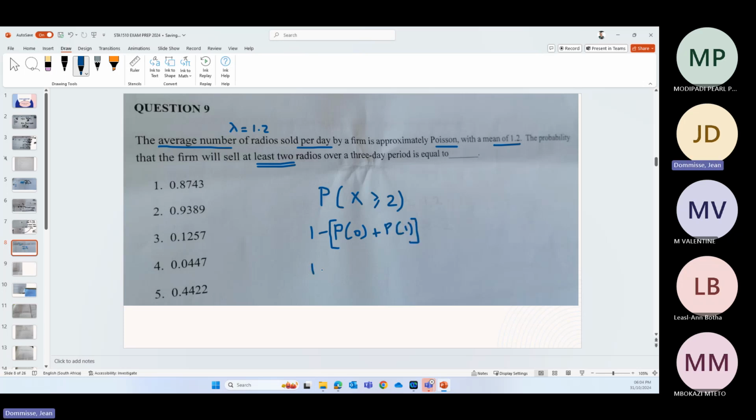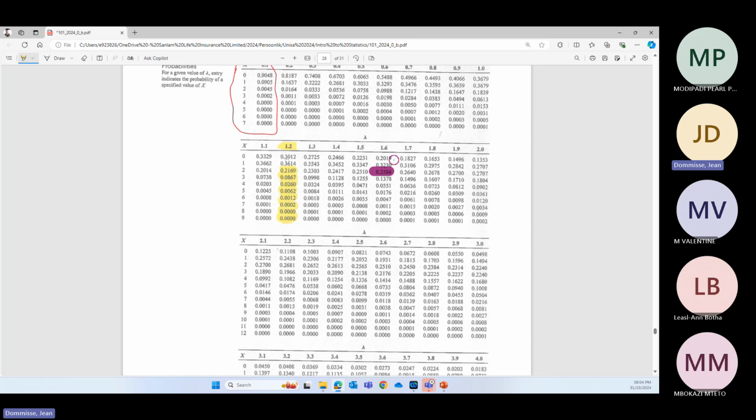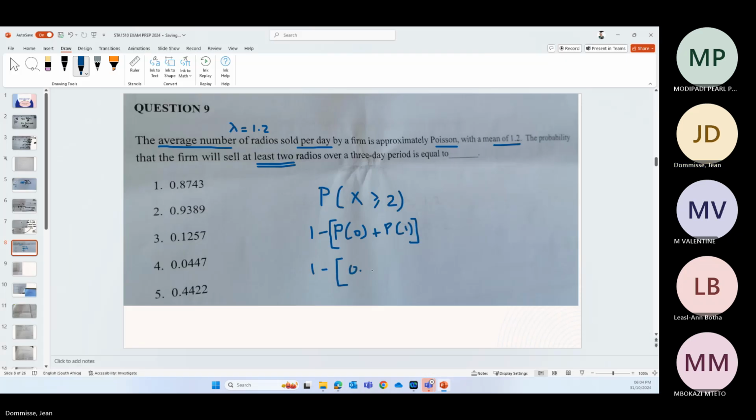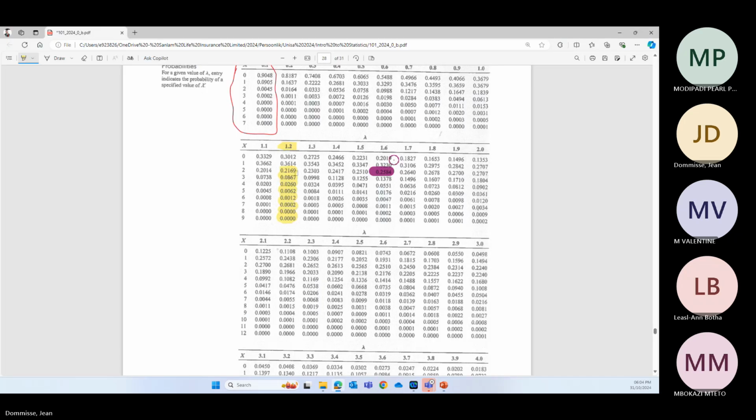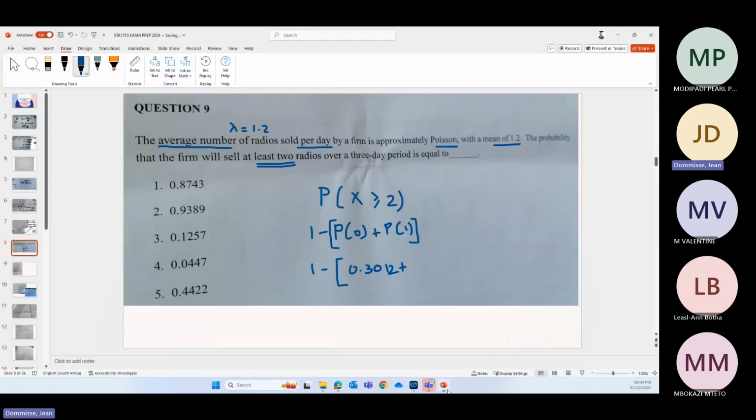But you can always do it the other way around and add all of them together. But I would just do the minus, so 0.3012 plus 0.3614.